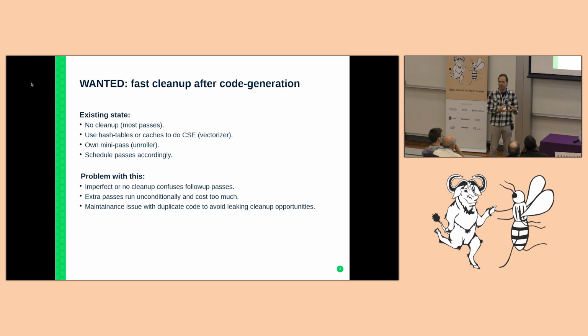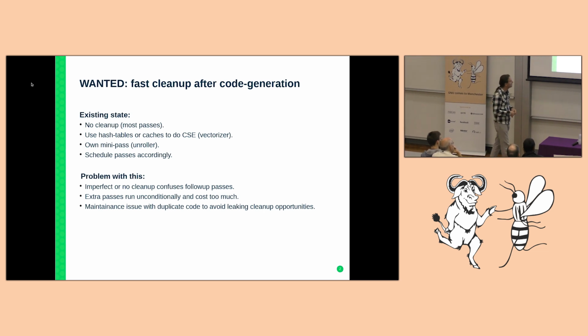We have done it where it's really important and where there was no other short-term solution. For example, for the vectorizer, I think Bin Cheng implemented a prototype making the DOM CSE callable on a single basic block, but this never ended up in mainline.